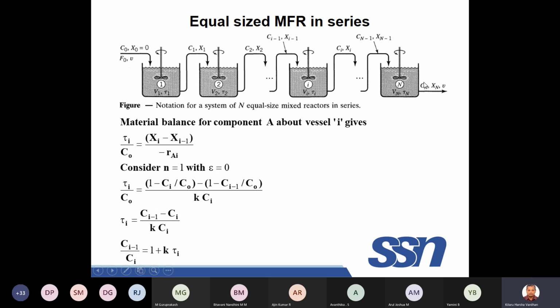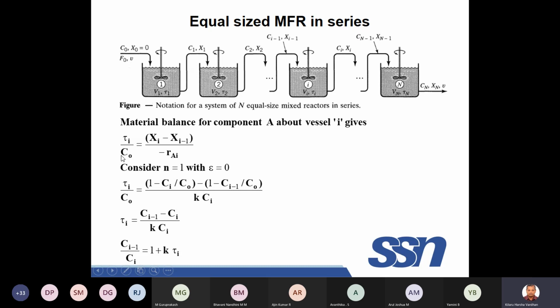So the outlet will have Cn. Cn is nothing but the concentration at the exit of the nth reactor, with the conversion at the exit of the nth reactor, and V is the volumetric flow rate. Writing the material balance for the ith reactor, tau by C naught. Here I'm not putting A because we are writing a generalized expression.